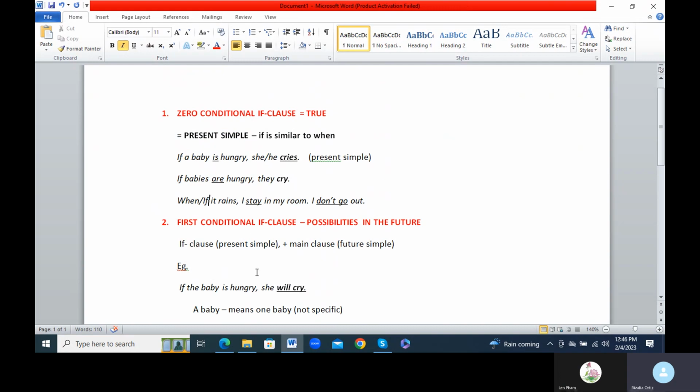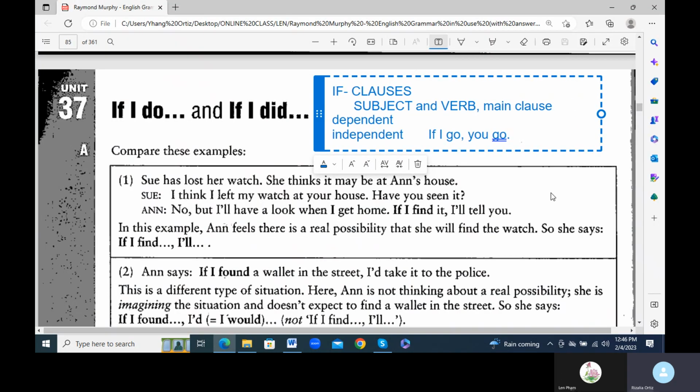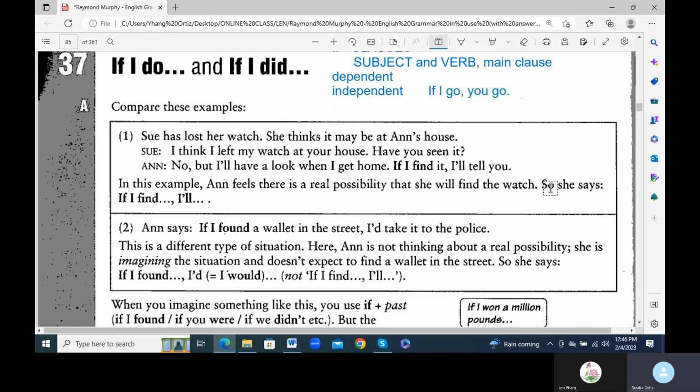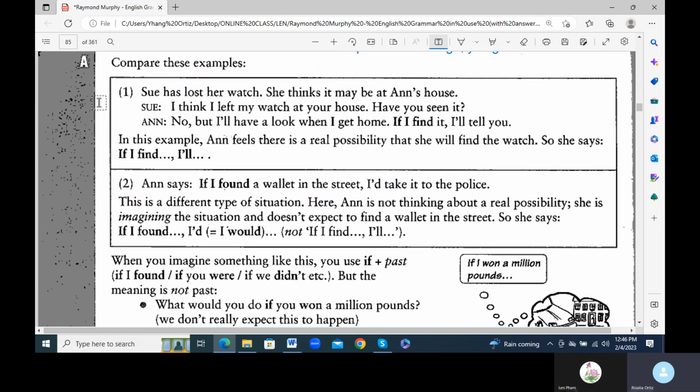Now, I'd like you to go back to the book. Let's study the examples given in the book. Len, I will read to you the situation, and you will be reading Anne's part, okay? I will read Sue's sentence. You are Anne. Compare these examples.